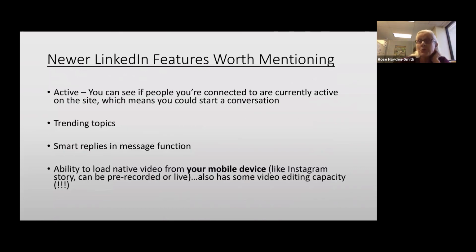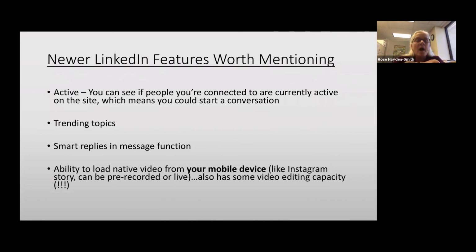So some of the newer LinkedIn features that are worth mentioning is there's now an active status. So you can see if people you're connected to are currently active on the site, which means you could start a conversation. If you're like me, I like to hide when I'm active. You can set up your trending topics. There is a relatively new smart replies in the message function, which uses artificial intelligence to sort of provide suggested replies like a lot of platforms do, like even Gmail, right?